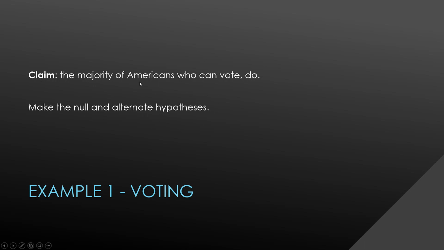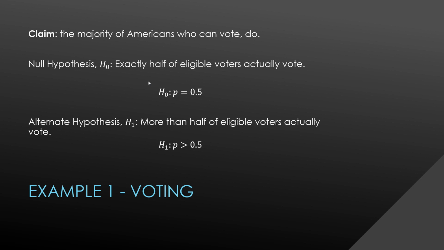But again, the claim is that the majority of Americans who can vote do. And the null hypothesis, the focal point, is a single value that we can take. And for majority, that is more than half. So the null hypothesis would be to say exactly half of eligible voters actually do vote.